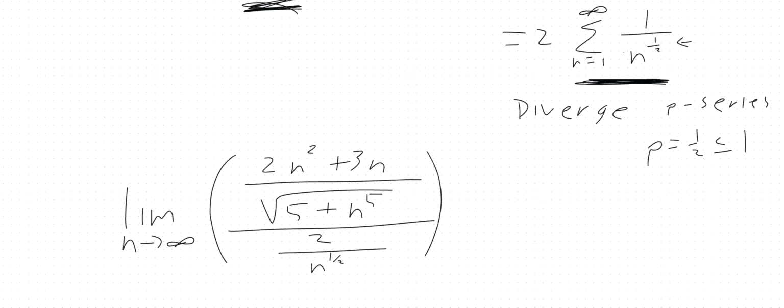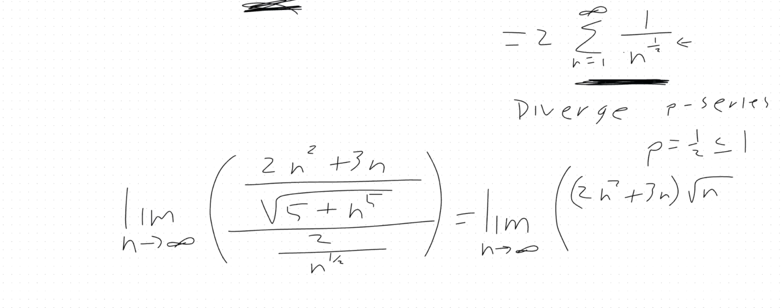And then let's do our simplification a little bit. So we have 2n squared plus 3n times, and just to make it a little bit easier, square root of n, all over square root of 5 plus n to the fifth, times 2.